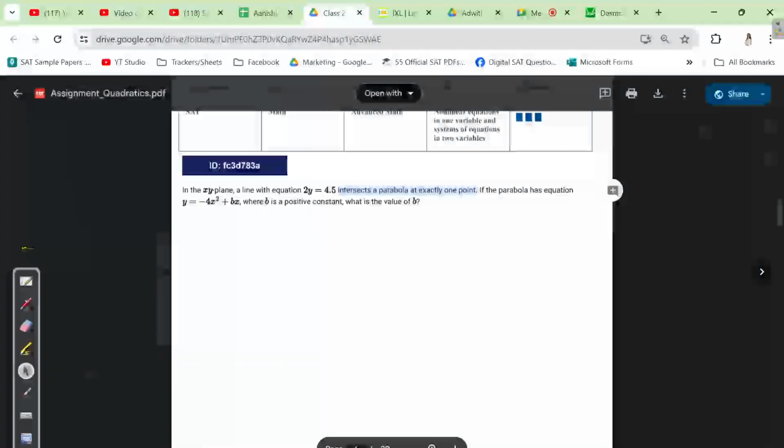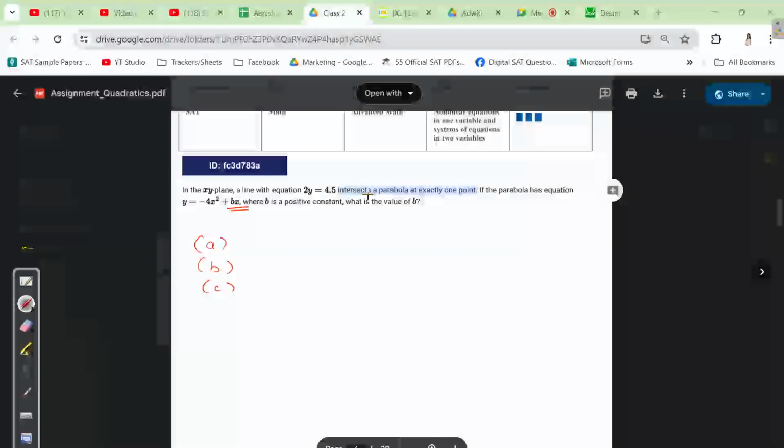So what will be the condition? Because they can also frame the question in this form, that they'll give you 4 options, and they will give a relationship between b.